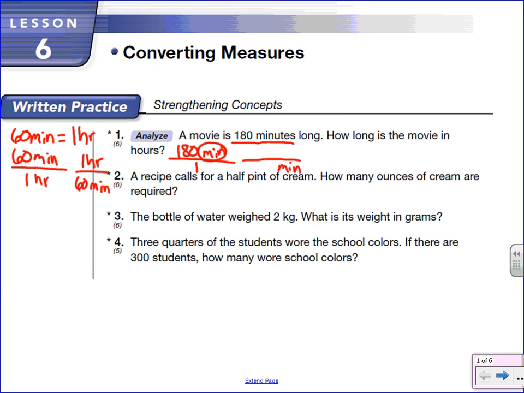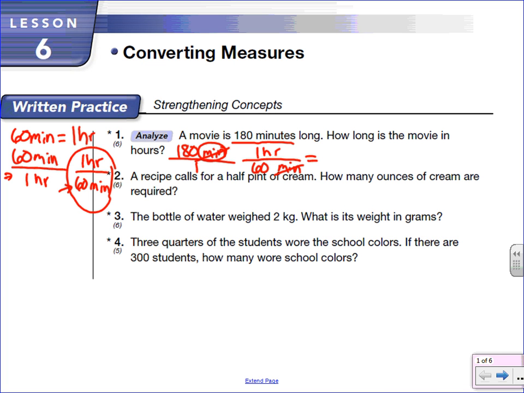When they're diagonal, they will cancel out. So I choose the fraction that I've already written that has minutes in the bottom. Well, that's this one. So I have 1 hour over 60 minutes. Minutes are diagonal, so they'll cancel out. And then I'd be left with hours, which is what the question is asking.